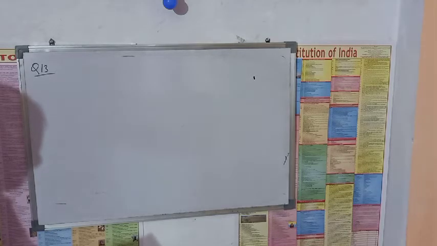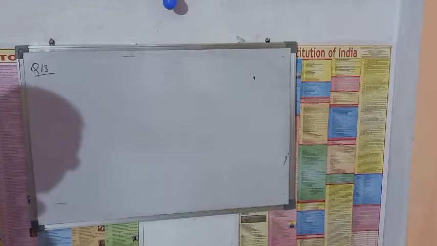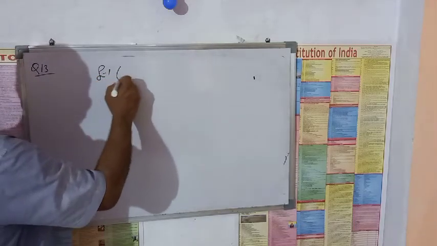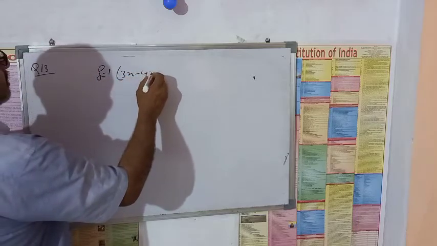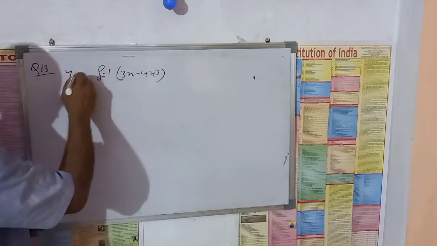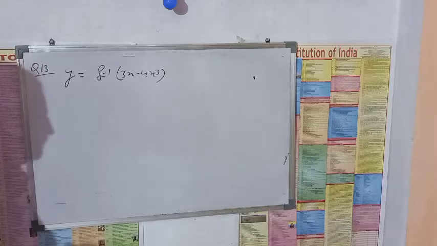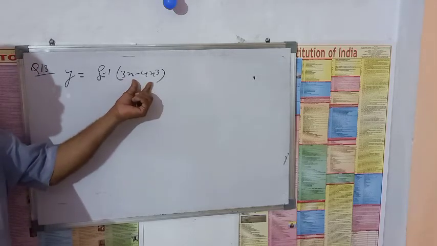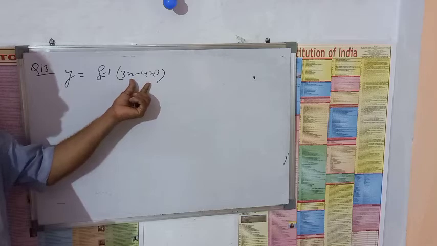Let us take first one. Sine inverse 3x minus 4x cube. Let this one is y. This one is sine inverse. We have to change this bracket in terms of sine. We have to write this bracket in terms of sine using proper substitution.